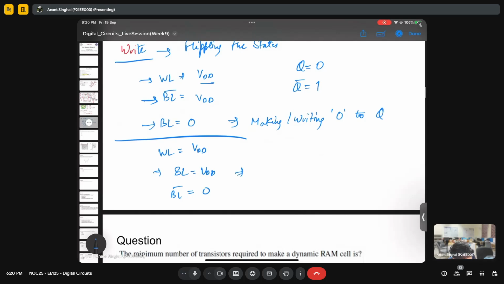So this will write Q to 1, or you can say write 1 to Q. This is why we call it flipping of states, because Q is changing from 0 to 1 in these different functions.